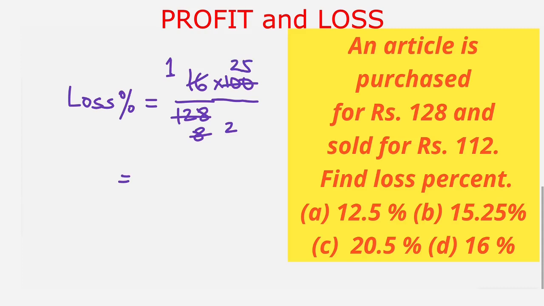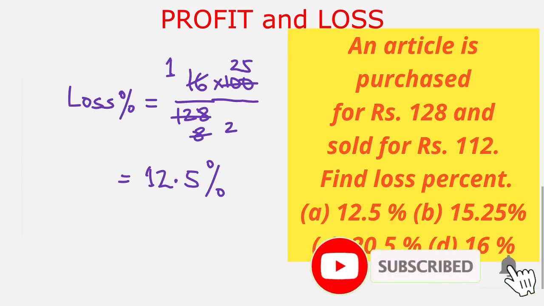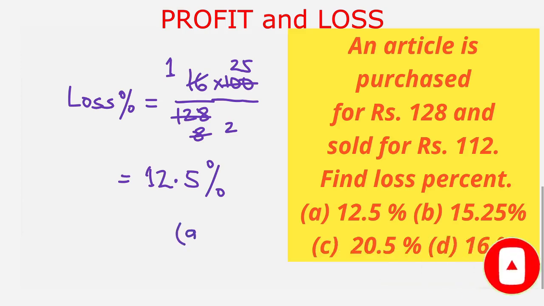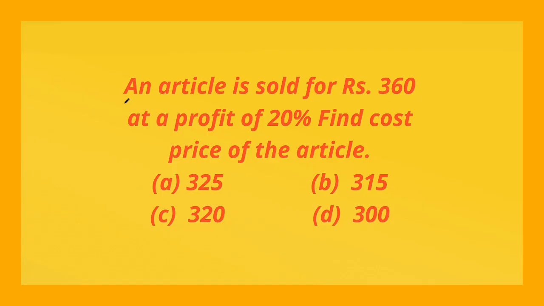So this is 25 divided by 2 is 12.5%. Thus the loss percent is 12.5%, and as per the option, the answer is option A. These are very simple questions which I am solving to clear the concept of profit, loss, profit percent and loss percent. We go to the next question.